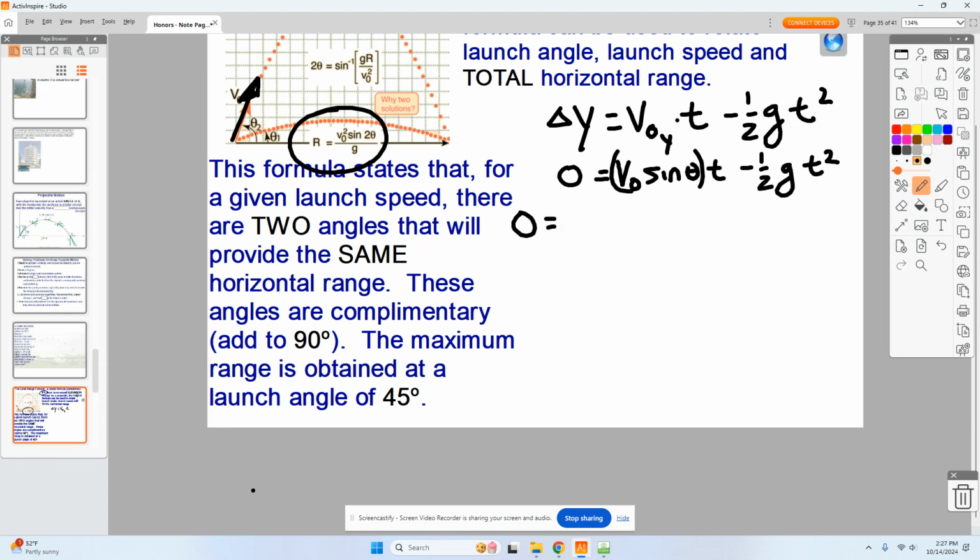I'm going to pull out that common factor of t. That's just an algebraic step. Why might I do that? What would be the value? What's the value of doing that step?